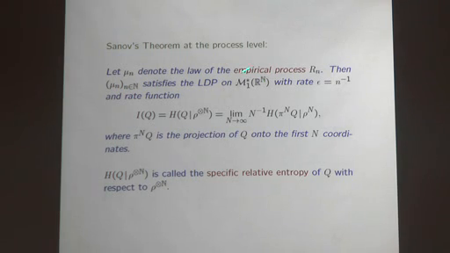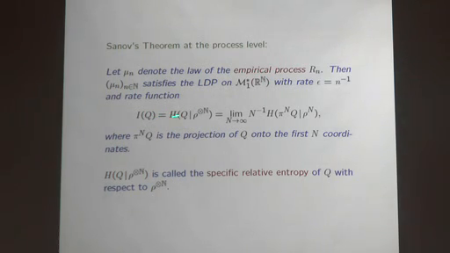And they say this sequence of random processes, suppose now that μn denotes the probability measure for this random process, satisfies an LDP on this big space of theta-invariant probability distributions on infinite sequences with rate 1 over n and a certain rate function, where q is any element in this big set.